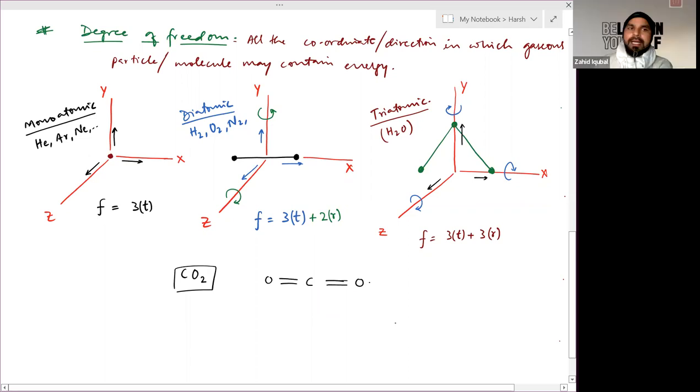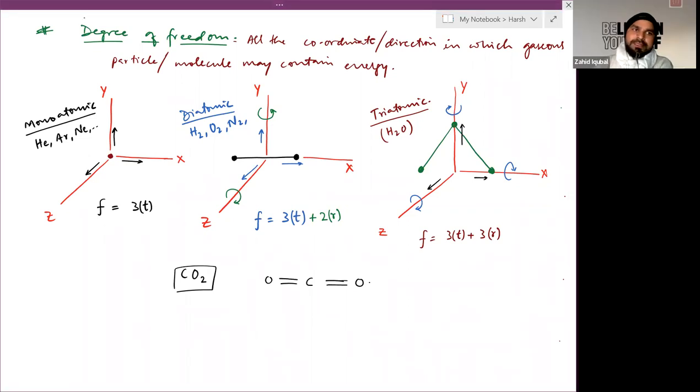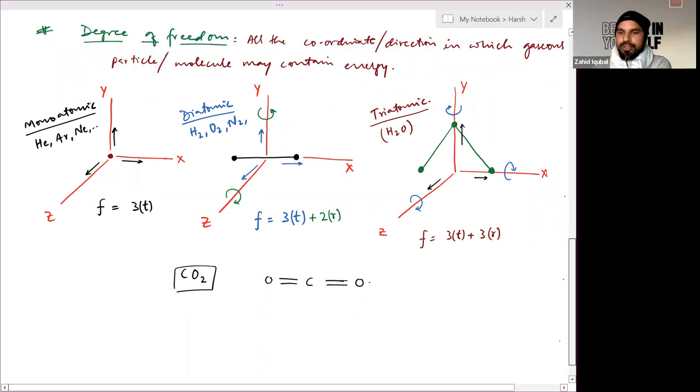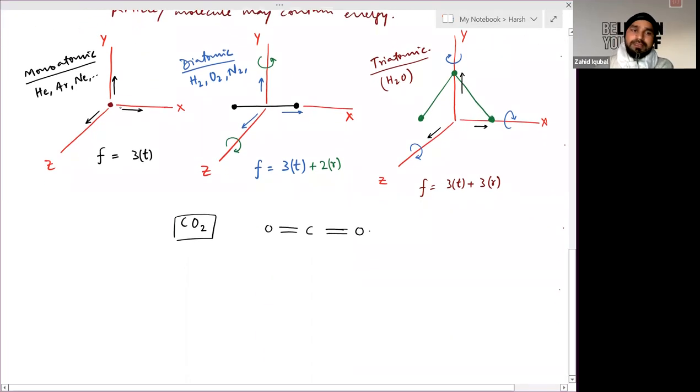Further, what will happen if you increase or decrease the temperature of these molecules? Except for monoatomic, since there is no bond with any other particle, for diatomic and triatomic, if you increase the temperature, the bond between them would get weakened. So they will act like a spring.